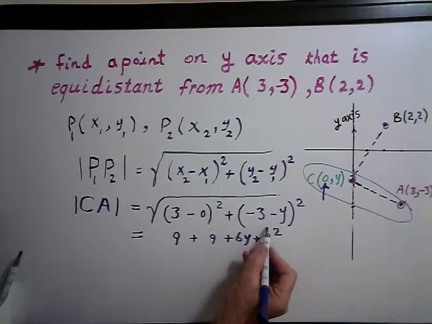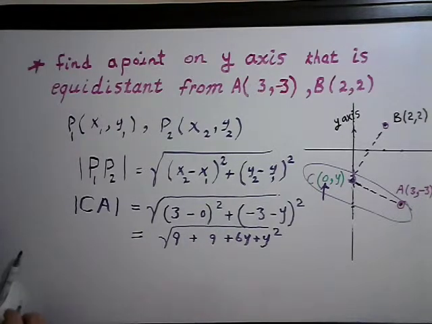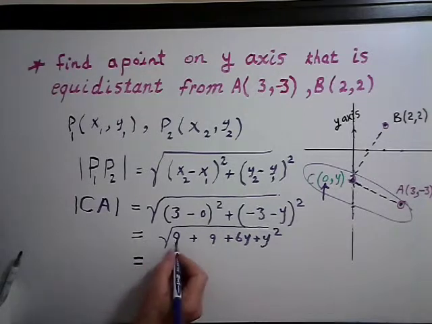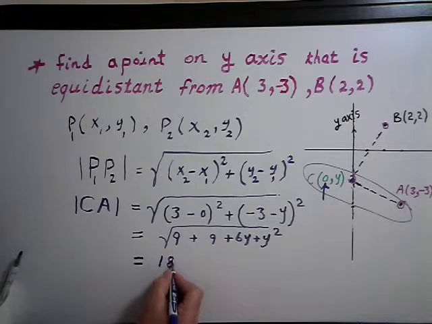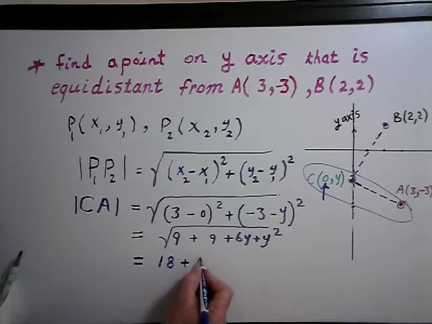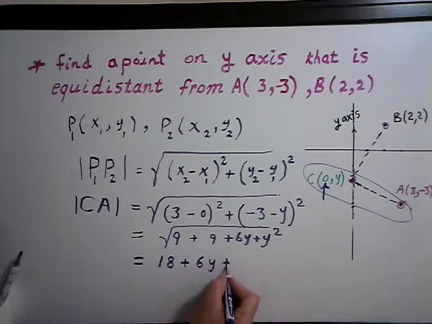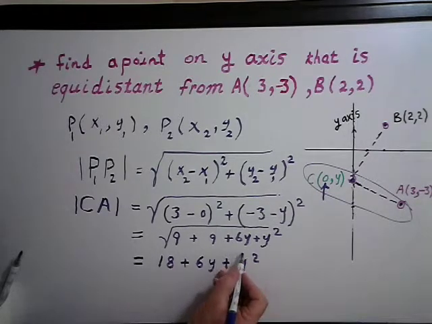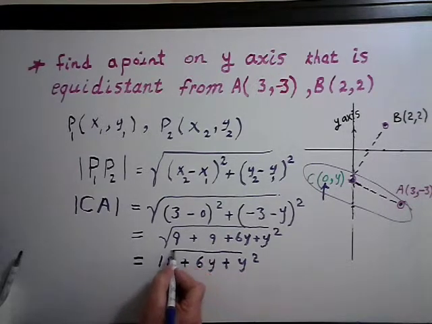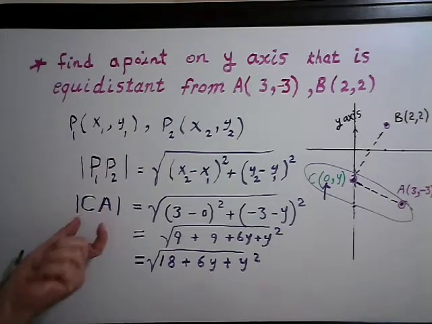All those together under the square root, which is equal to 9 plus 9, that means 18, plus 6y plus y squared under the square root. This is the distance between C and A.